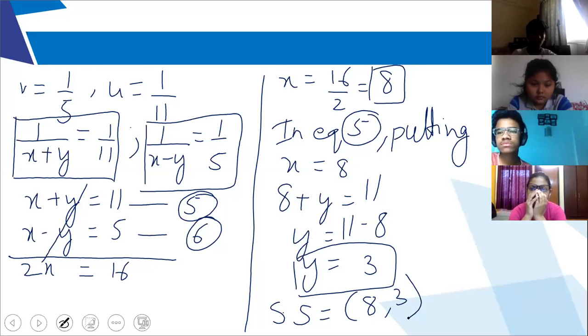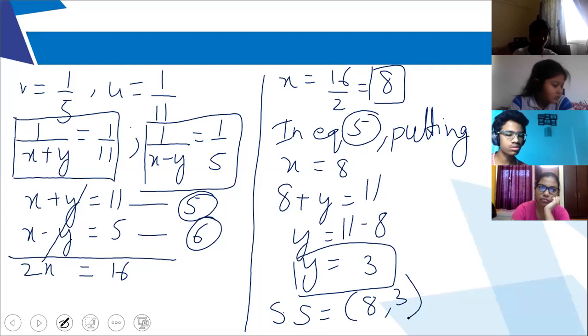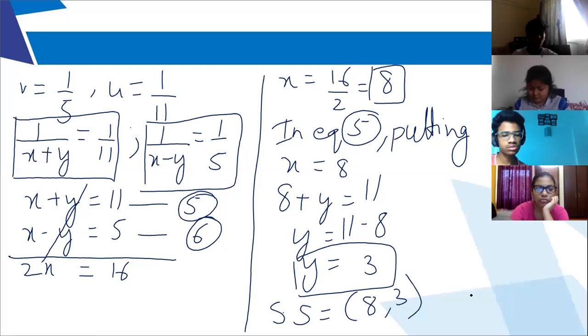It was not that 1 upon x is equal to u and 1 upon y is equal to v, like the previous one which we did with a, b and c, where we assumed 1 upon b is equal to c. So we didn't have to do this extra thing. Here I assume 1 upon x plus y is equal to u and 1 upon x minus y is equal to v. So are you all done with this, children?